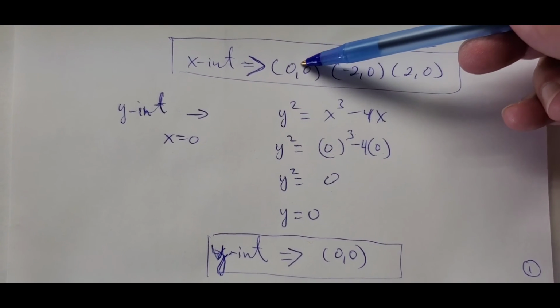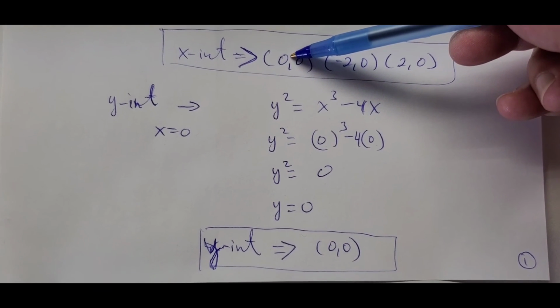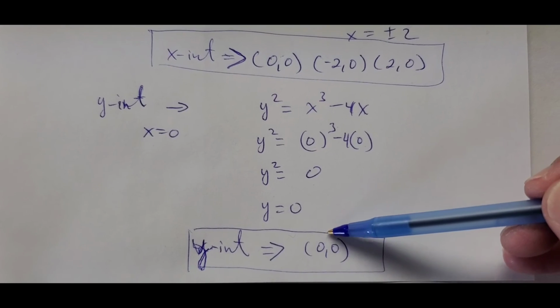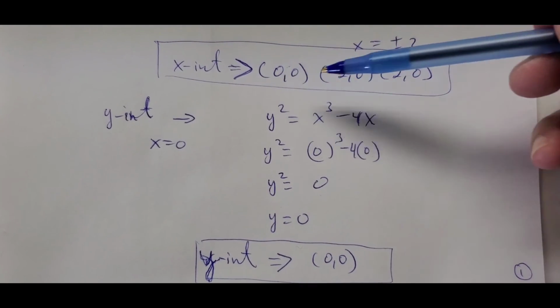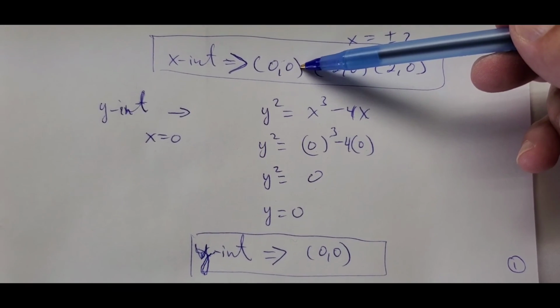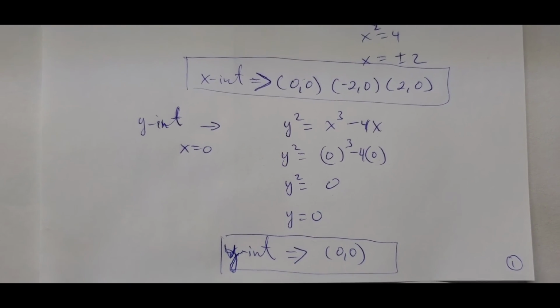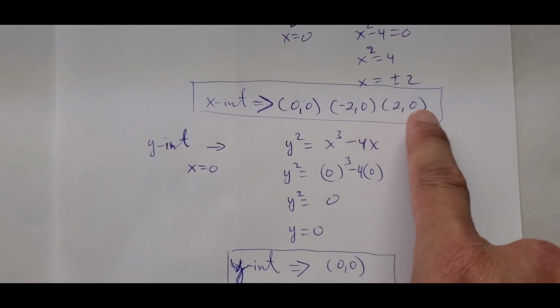So sometimes you will have the same point for the x and y-intercept. Again, this is just coincidence, but not all the time. So in this case, you have the y-intercept, and here are your x-intercepts. There are 3 of them.